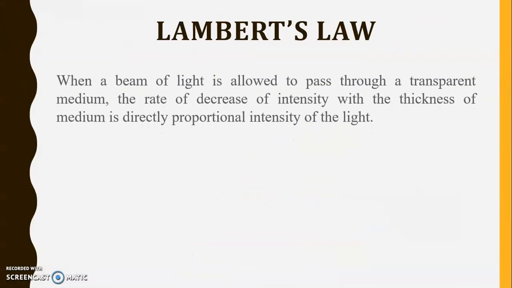Now what is this Lambert's law? When a beam of light is allowed to pass through a transparent medium, the rate of decrease in intensity, as we know, when the sample absorbs a certain amount of light, the intensity of that light decreases. So this rate of decrease in intensity with the thickness of the medium is directly proportional to the intensity of the light.